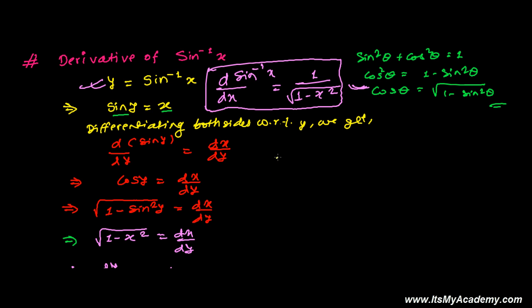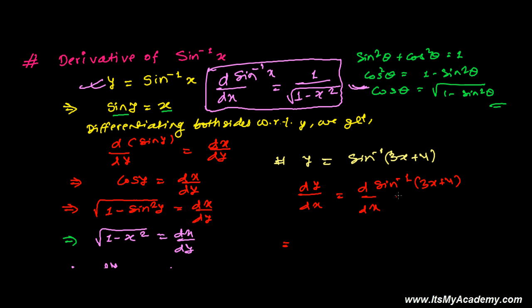Suppose y equals sine inverse of 3x plus 4. Now we need to find the derivative of this. You can directly use this formula: dy over dx will be the derivative of sine inverse of 3x plus 4 with respect to x. So we differentiate with respect to its angle, 3x plus 4, and then we also need to differentiate the angle, 3x plus 4, over dx.